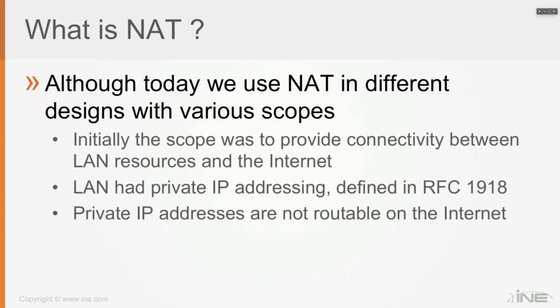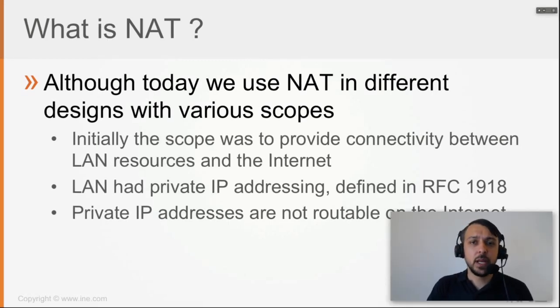Now a bit of history, which will make sense based on what we're about to speak next. Although today we use NAT in different designs with various scopes, we use NAT to provide communication between overlapping subnets. For example, imagine you have 2 companies, company A and company B, that want to exchange IP traffic with each other, but both companies internally use the same private IP addressing.